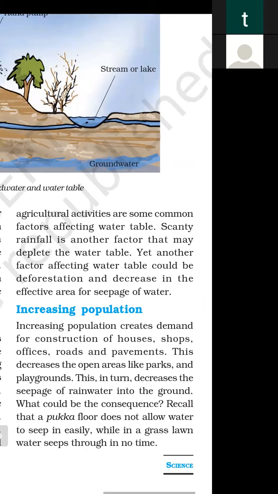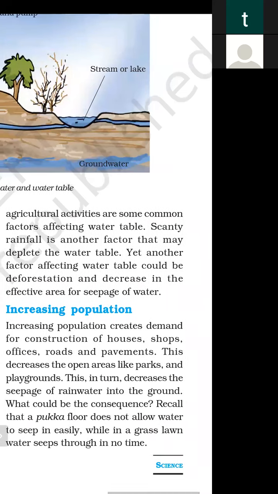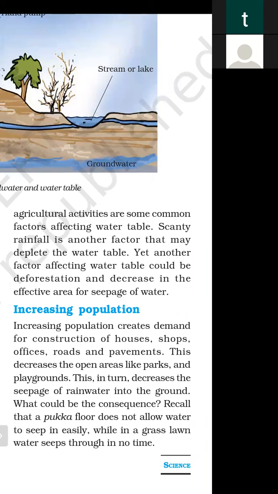Scanty rainfall is another factor that may deplete the water table. Scanty rainfall means less rainfall. As we know, rainfall is decreasing day by day. So with less rainfall, there is less recharge of the water table, and the level of the water table goes on decreasing day by day.